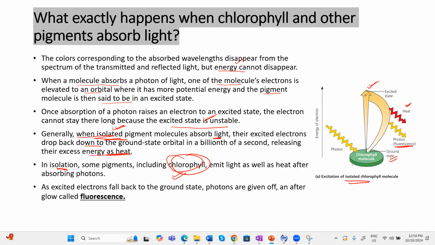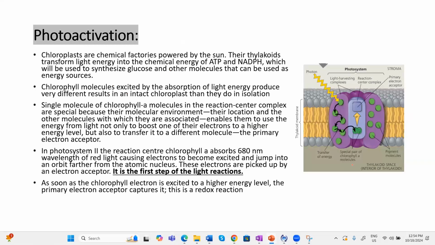But in plants, the chloroplast is the area where chlorophyll is present. Is it clear? So they are not in isolation. Chlorophyll pigment molecules and other accessory pigments are organized into special photosystems. We have already discussed this in the previous video. If you want, you can refer to it also.